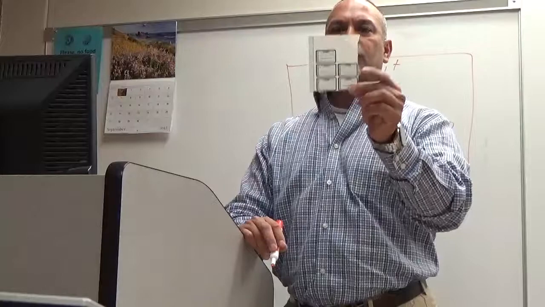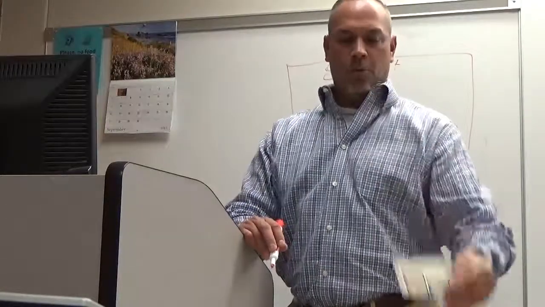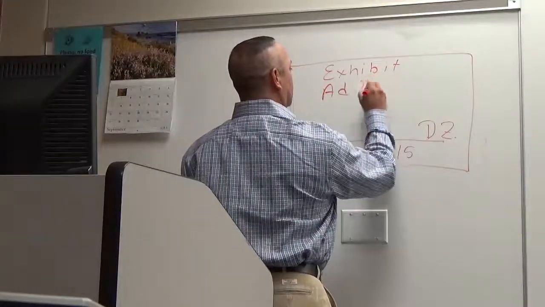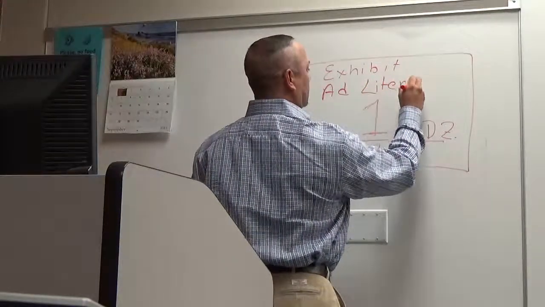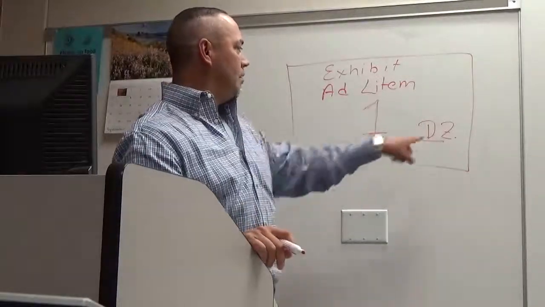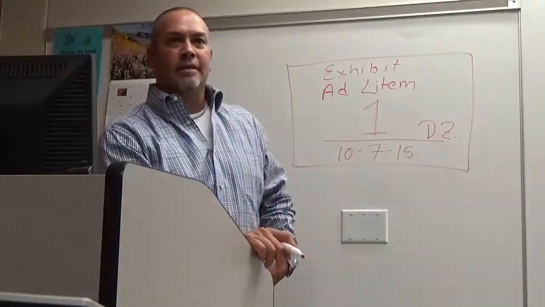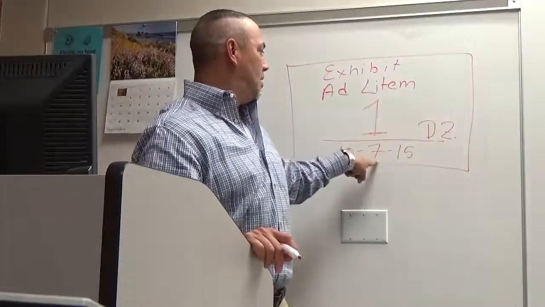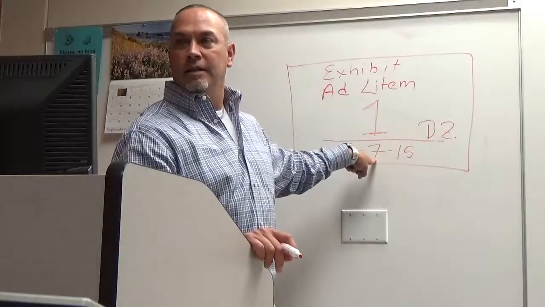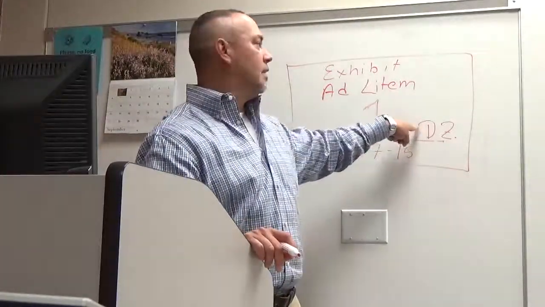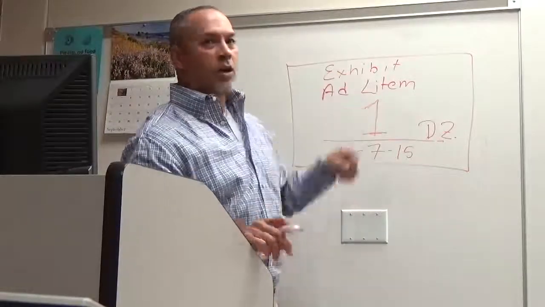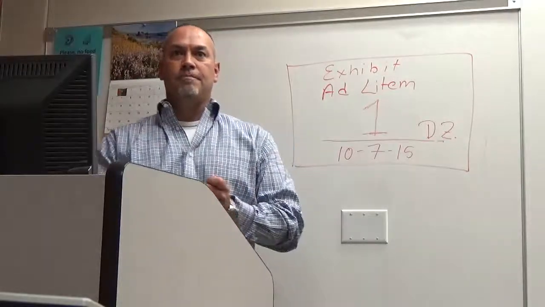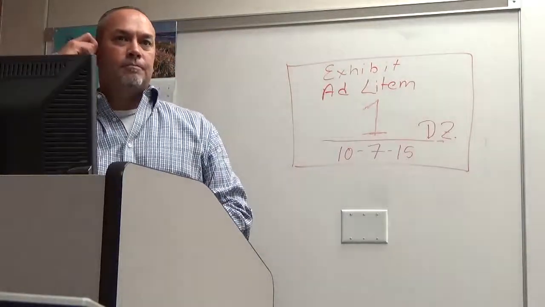You have the blank ones. All it says is exhibit. No big deal. You write ad litem. One, initials, date. Guys, very important, very important. Date, initials, number, correct sticker. Very important. Okay? Y'all got that?